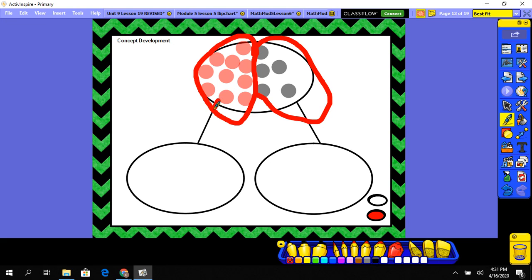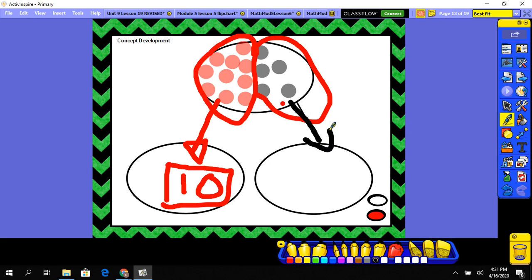My group of 10 runs down to this part of my number bond. How could I show my hide zero cards here? Yes, I would have the hide zero card with the number 10. Then my next group has to run down, all the way down to this part.